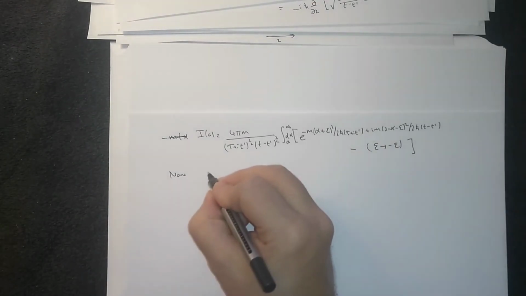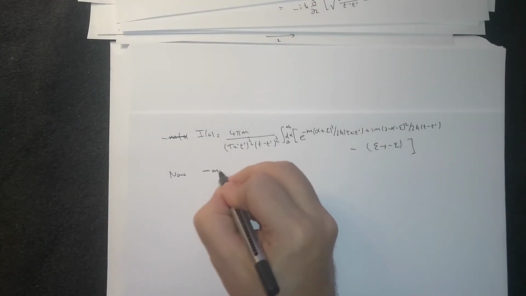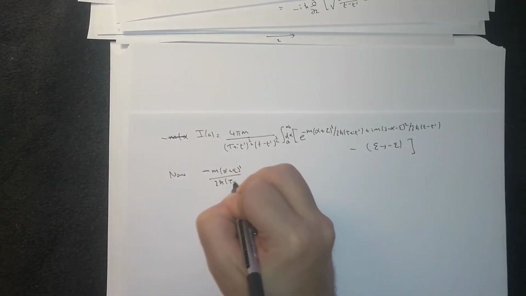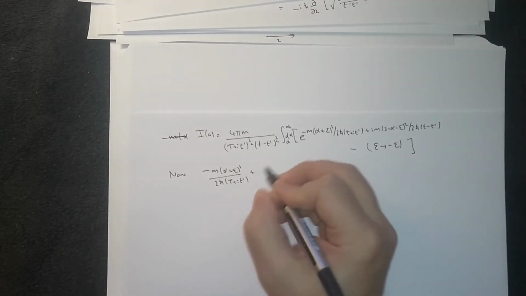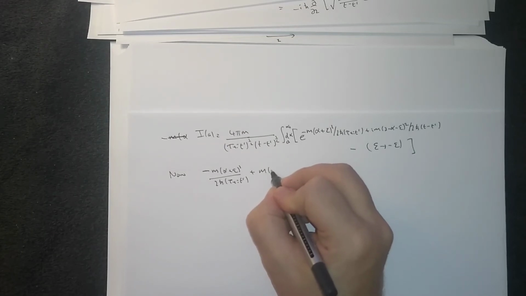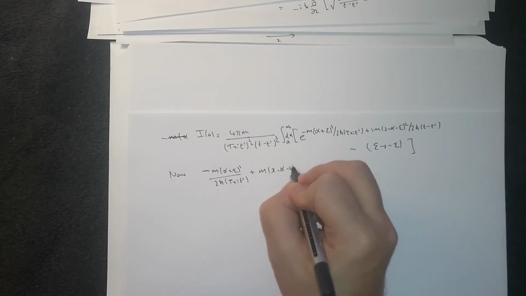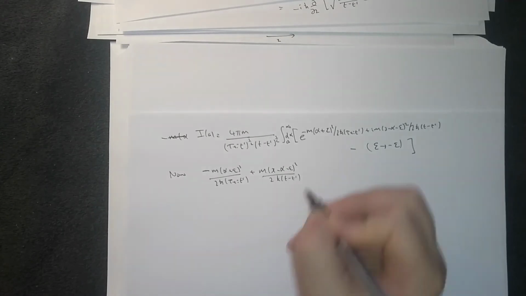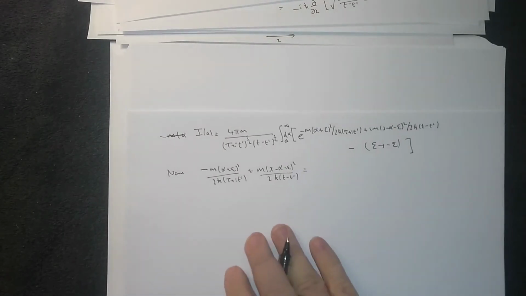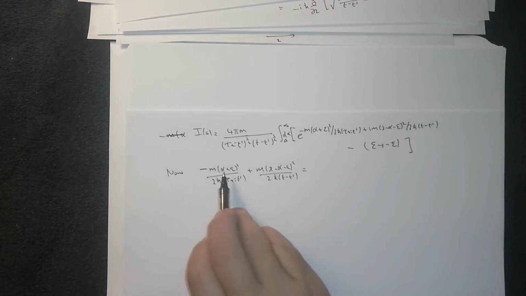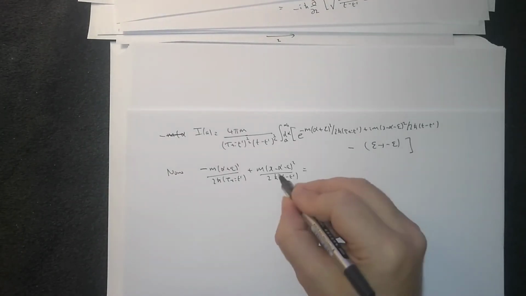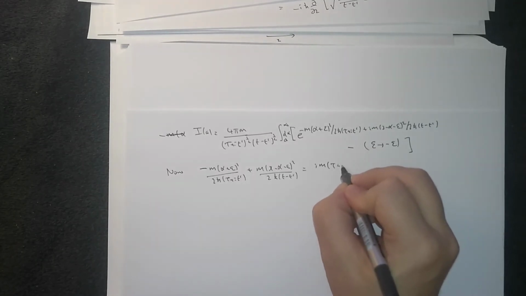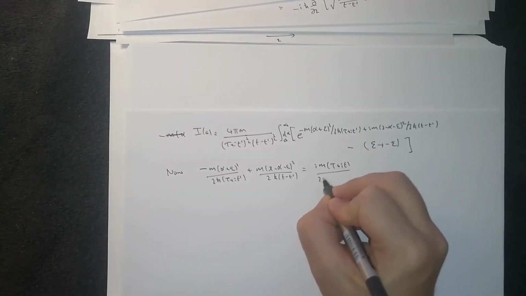Now I can rewrite this, minus m alpha plus epsilon squared over 2h bar tau plus I t prime plus m x minus alpha minus epsilon squared over 2h bar t minus t prime, by collecting all of the coefficients of alpha plus epsilon squared and putting them over a common denominator.